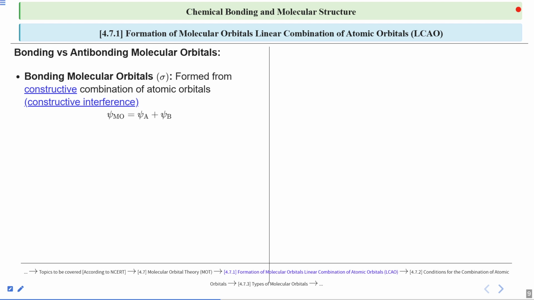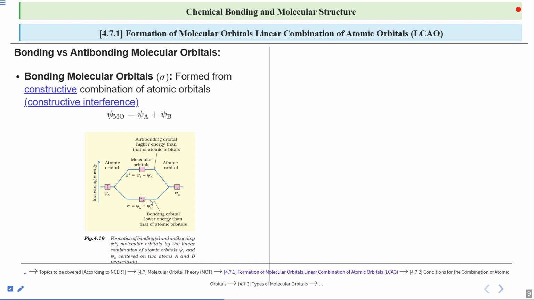So in case of the bonding condition, you will add these two and that will result in a bonding molecular orbital. So you can see it here. Psi A plus psi B is giving you a lower energy molecular orbital. At the same time, you are getting a molecular orbital of a higher energy as well.